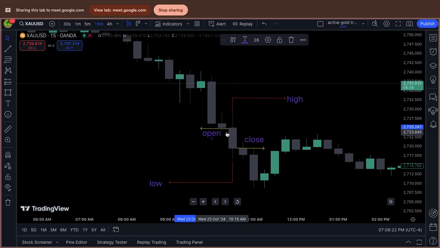When the market opened here, it pushed all the way down here and it pushed all the way up here. So the top of this little wick, which most of them have, is the highest point the market ever reached at any point in time during this candle.